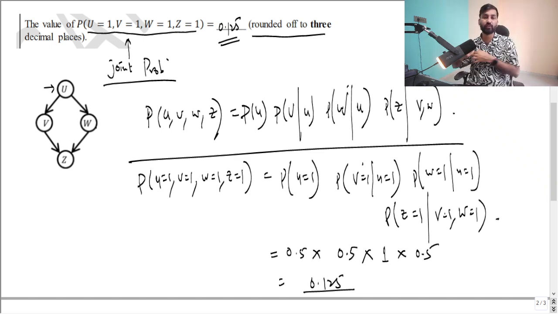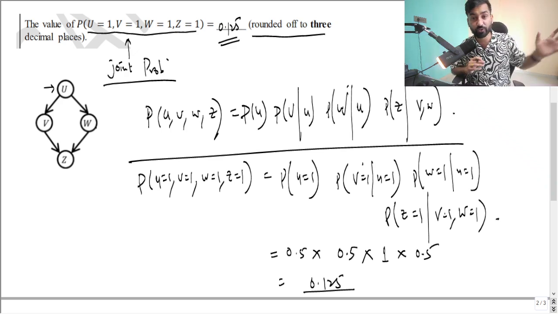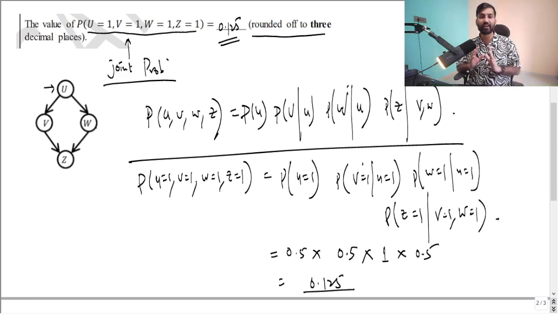Or if you have practiced enough, you don't have to write that also. Starting with probability of U, 0.5, then multiply the conditional probabilities given U for V and W, so multiply again 0.5 and 1, and then 0.5. The answer will be 0.125. In fact, you don't have to write anything if a Bayesian network is given.